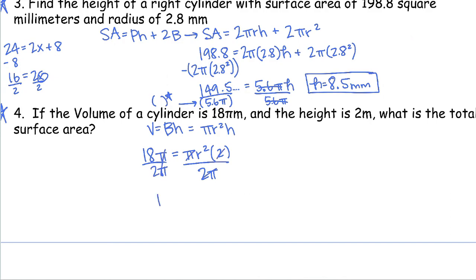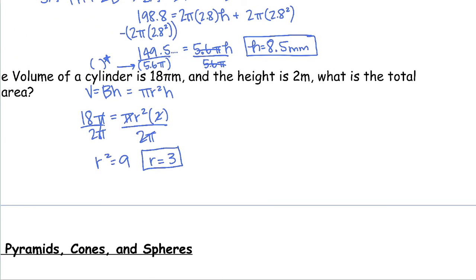And in this case, I end up with r squared equal to 9. So my radius could be plus or minus 3, but since we're dealing with a radius that is a length, our radius is 3. Now we can use our radius and our height to find our total surface area. So our surface area is 2πrh plus 2πr squared. 2π times a radius of 3 times a height of 2 plus 2π times our radius squared.